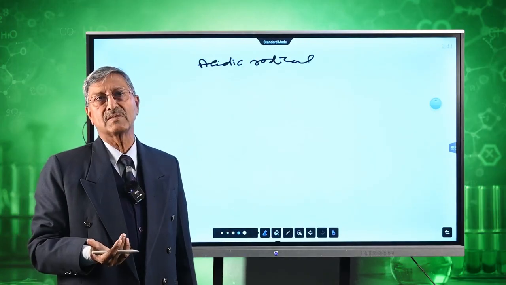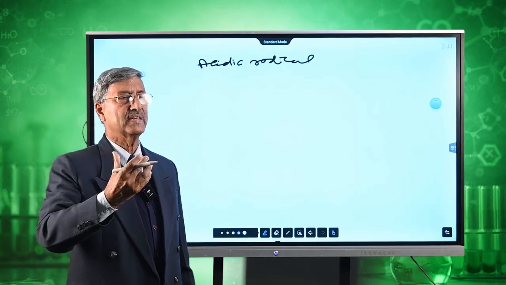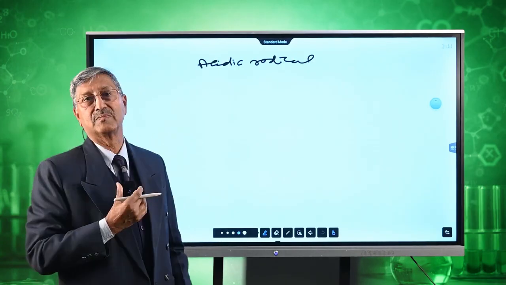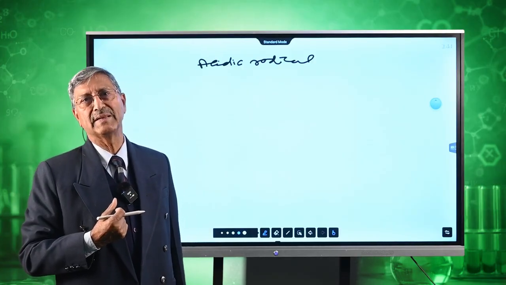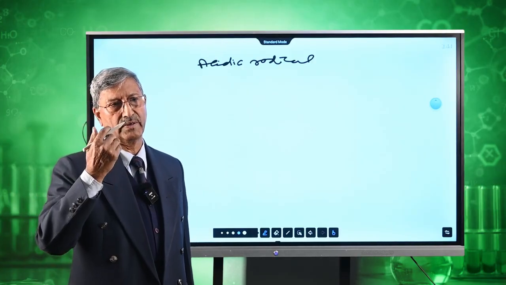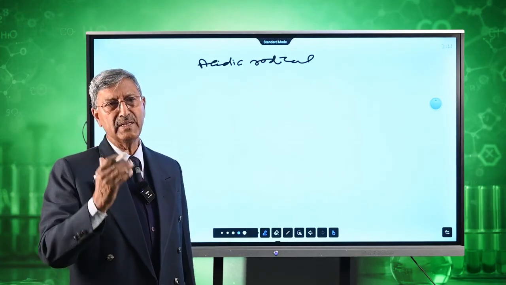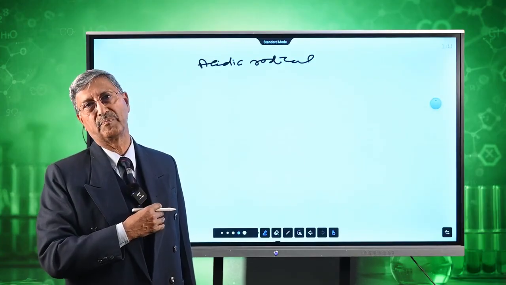As the name suggests, an acidic radical or an anion is derived from an acid. So to find out its presence, there will be some tests which are known as preliminary tests or simple tests, just to indicate or detect the presence of an anion or an acid radical.